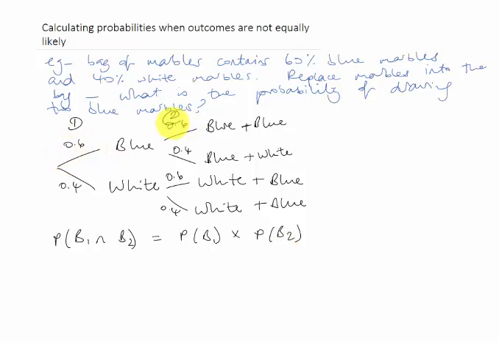So we do 0.6 times 0.6, 0.36, so 36% of the time you're going to get these 2 blues.